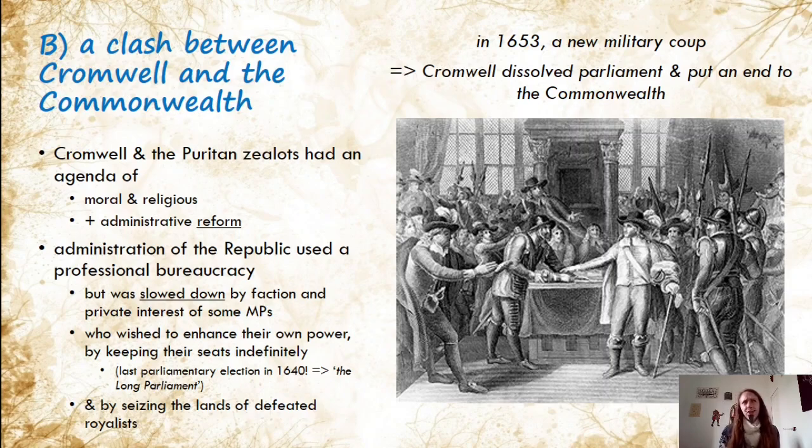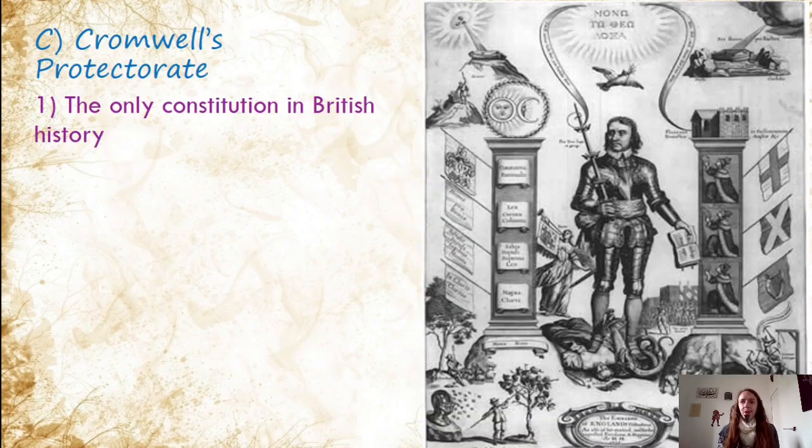The administration of the Republic used a professional bureaucracy, but it was slowed down by faction and the private interest of some members of parliament who wished to enhance their own power by keeping their seats indefinitely, and by seizing the lands of defeated royalists. In 1653, a new military coup occurs, with Cromwell dissolving Parliament and putting an end to the Commonwealth.